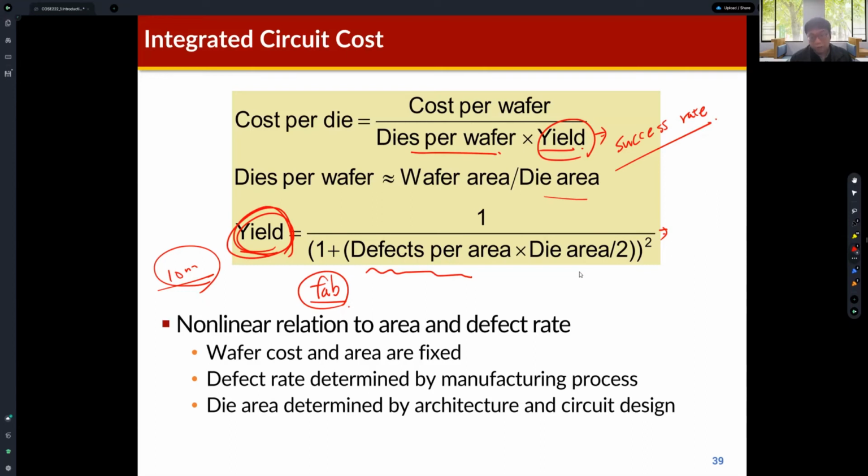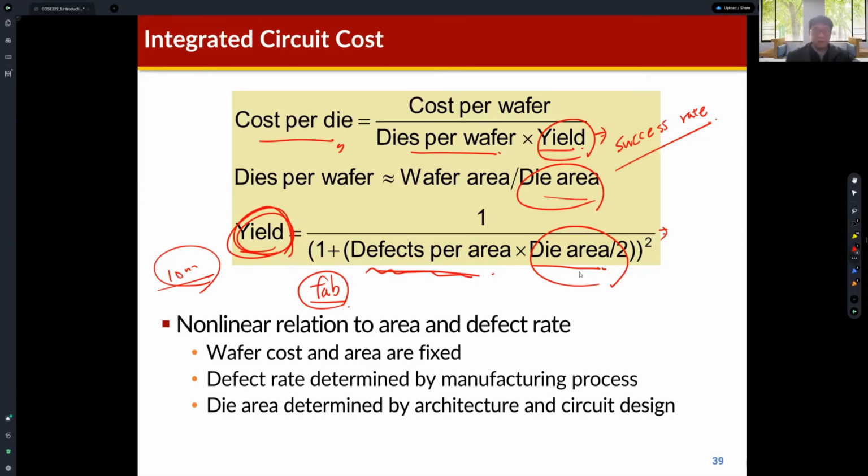So we cannot control this defect per area, but the yield is also determined by die area. Dies per wafer is also determined by die area. So what does that mean? Cost per die is heavily influenced by die area.